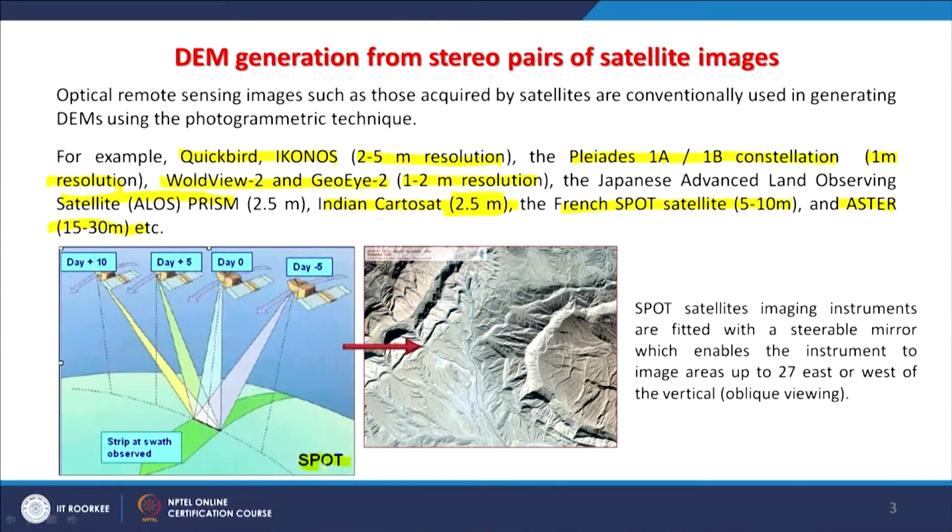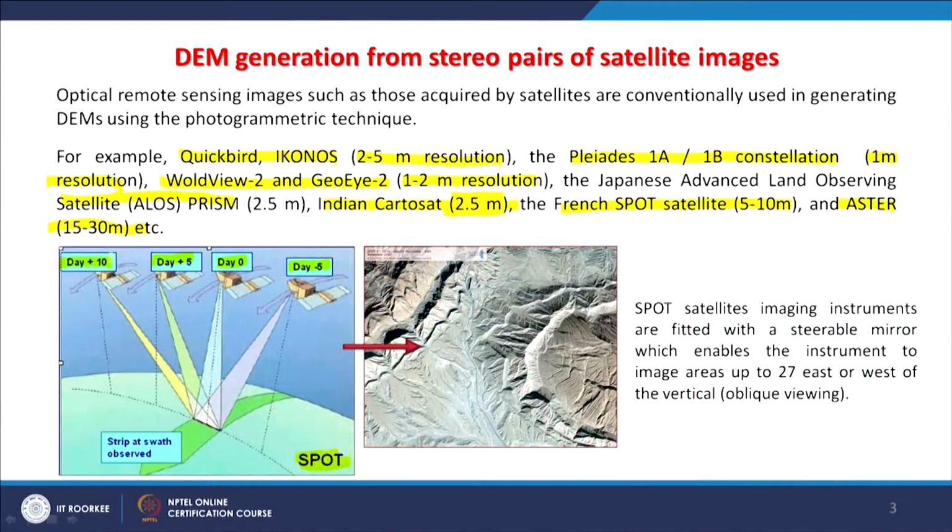Now, in the case of SPOT, how these stereo pairs were used is shown in the example here: on day 0 it was acquiring the same part of the land as 5 days before, 5 days later, or 10 days later. So if you have multiple coverages of the same area with different angles, then generating stereo pairs is not difficult.